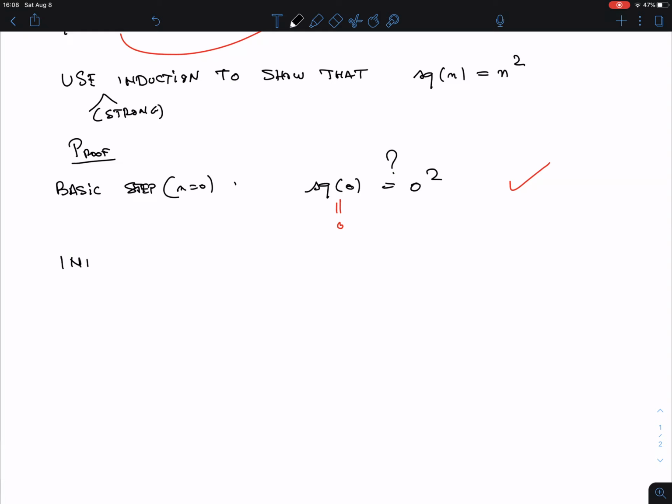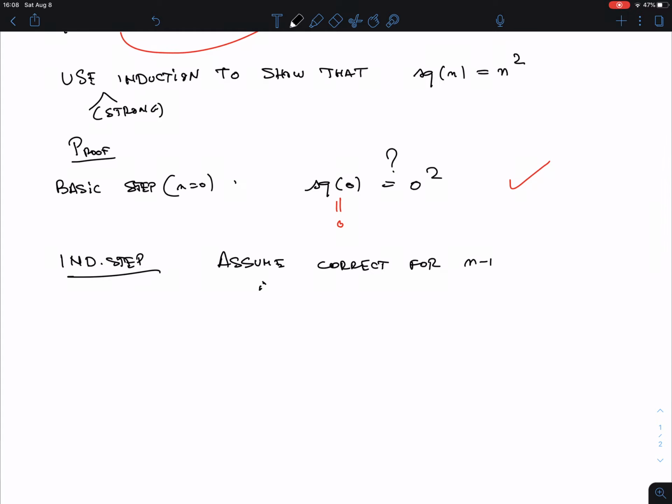Induction step. Since we are doing recursive functions, induction very often starts from n minus 1, and we try to prove it for n. So assume that the formula is true for n minus 1, i.e. assume it is correct for n minus 1.